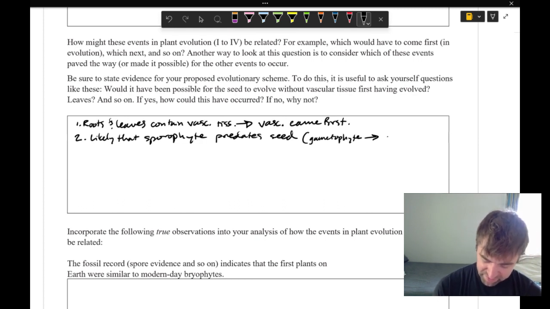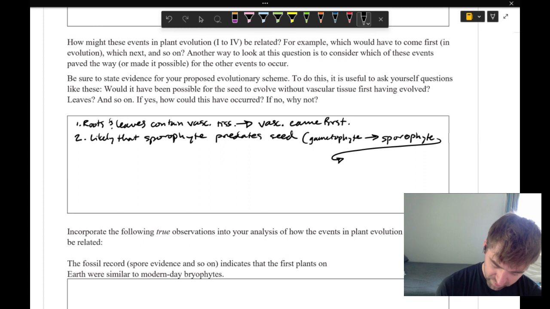Gametophyte generation protected by a sporophyte generation, eventually leading to enhanced protection by seeds.